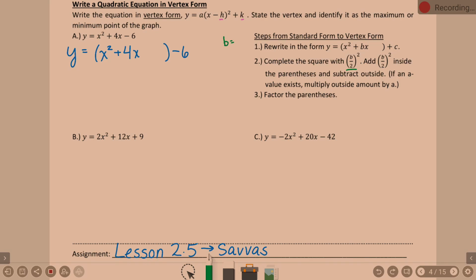B is 4. So, same thing we were doing earlier, b over 2, quantity squared. So I'm going to do 4 divided by 2, quantity squared. Or in other words, half of 4. What's half of 4? 2. And 2 squared is 4.